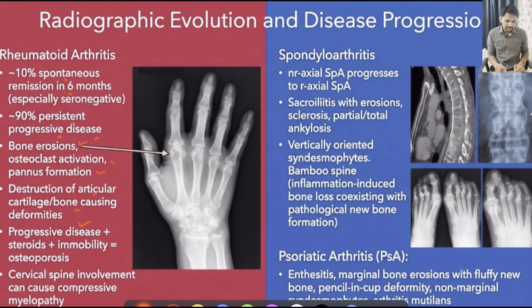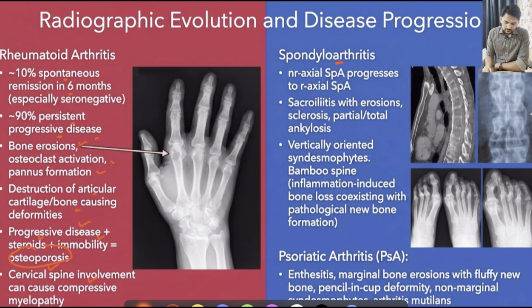And because of this progressive disease and involvement of steroid as a therapy as well as disability mediated immobility, the individual might lose bone tissue leading to osteoporosis as well. And in especially rheumatoid arthritis, as mentioned, because of cervical spine involvement, the individual might develop compressive myelopathy. So this is the probability of disease progression in RA.